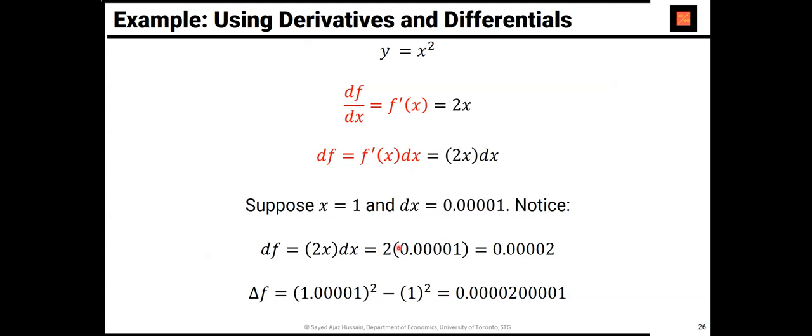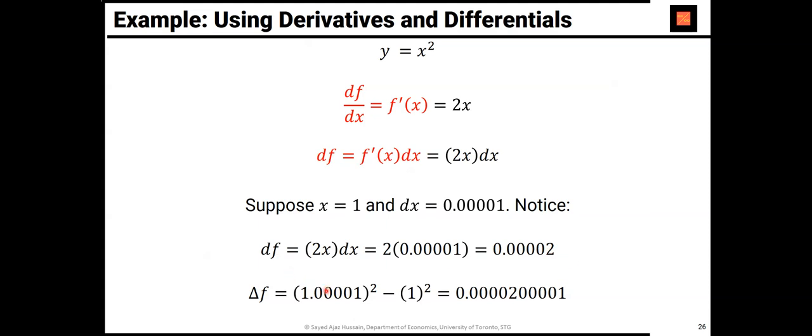When I multiply these two, I get, according to calculus, when you go from x equal to 1 to 1.0001, the function changed by roughly 0.0002.